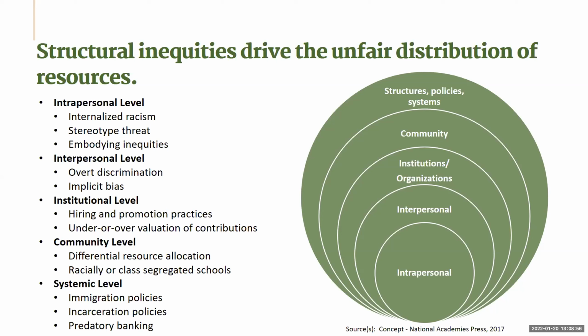And so we see that an interaction can occur across multiple levels of this system. It's not just the interaction at one level. These institutional or community level factors can trickle down to impact interpersonal relationships and vice versa.